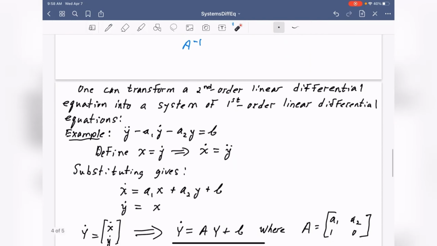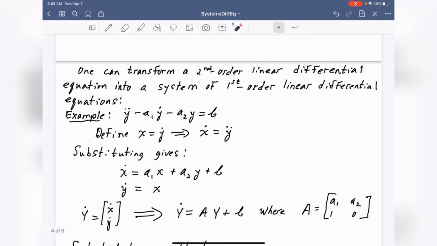One can transform a second-order linear differential equation into a system of first-order linear differential equations. Suppose you have this expression here, this second-order linear differential equation, y double dot minus a1 y dot minus a2 y equals b. We define x to be y dot, so then we take the derivative of x, which is x dot equals y double dot.